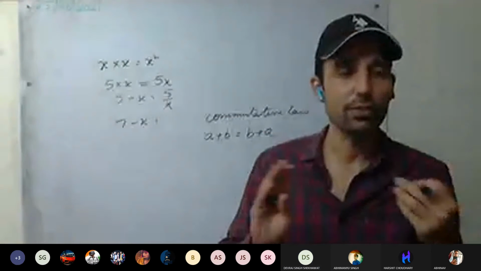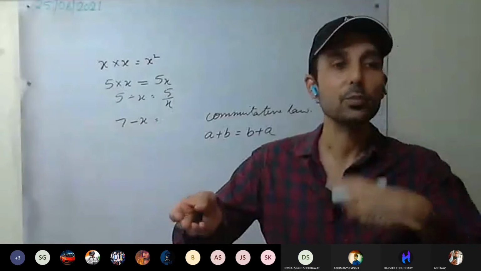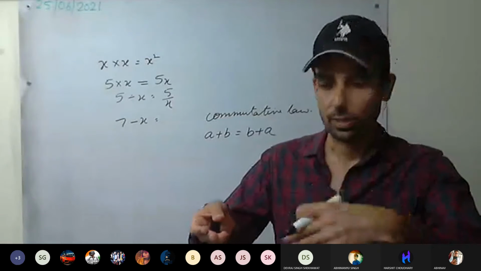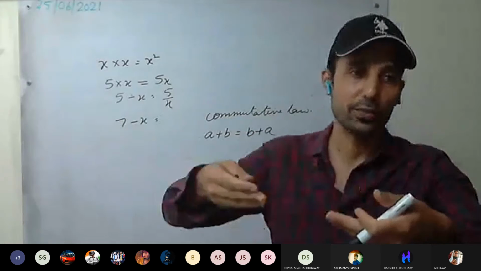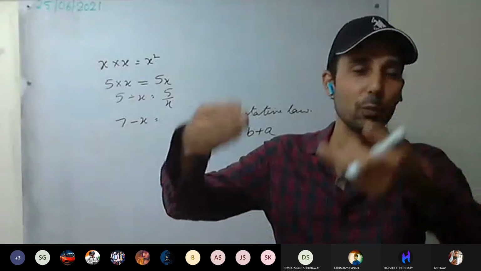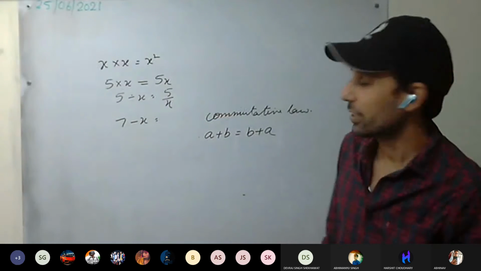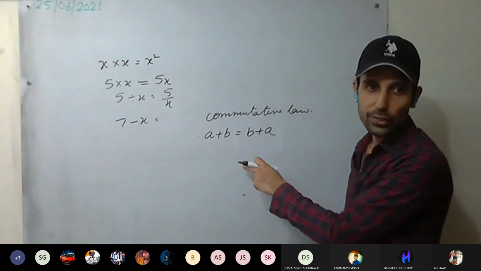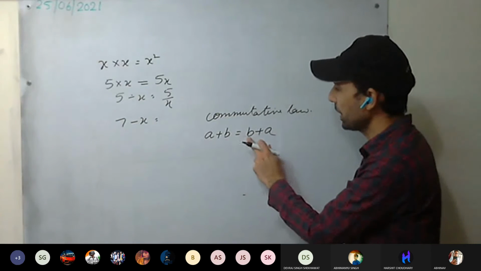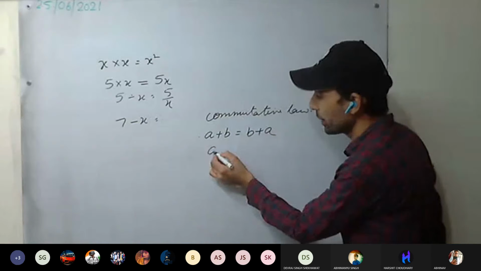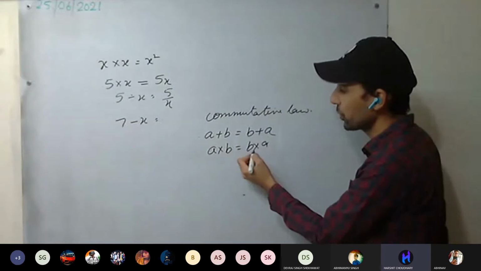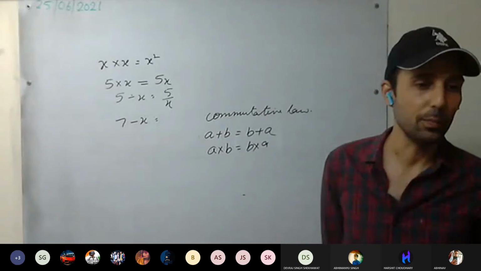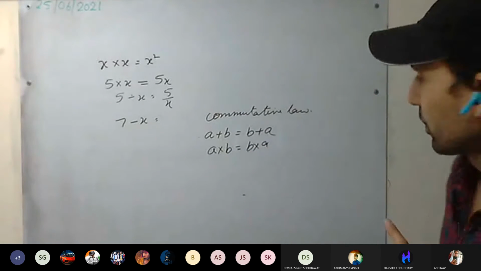Like in the metro, you and your friend both get on. Whether you enter first or your friend enters first, you both are in the metro. It doesn't matter who commutes first. So A plus B equal to B plus A. In multiplication, A into B equal to B into A. 5 into 2 is the same as 2 into 5. This is the commutative law. Is this clear?